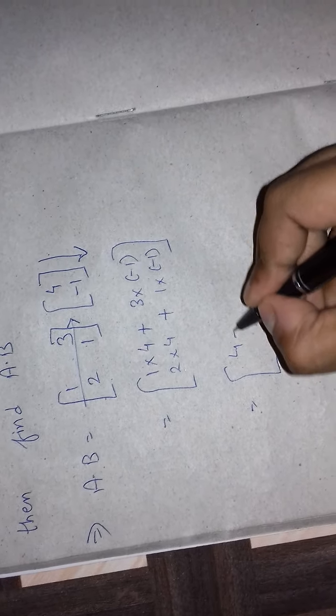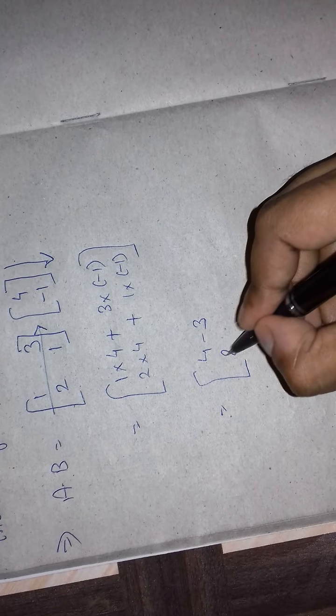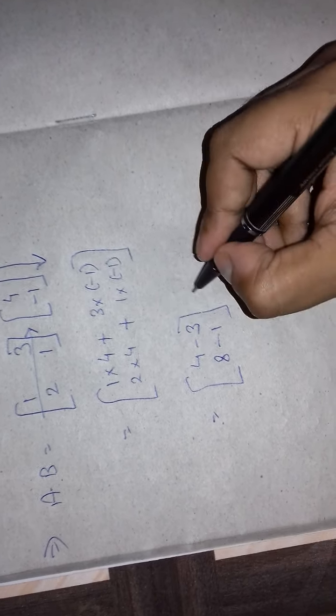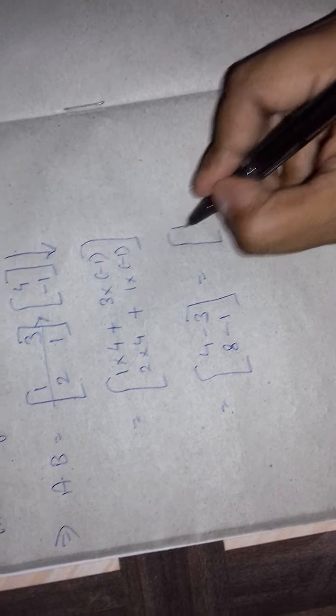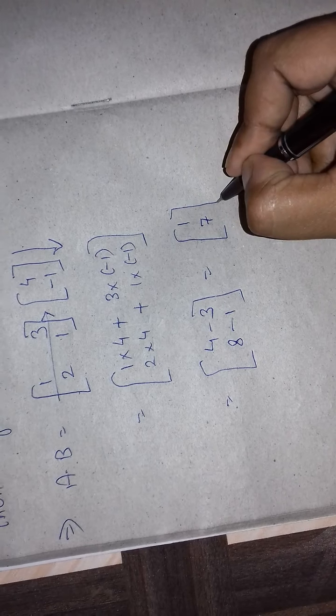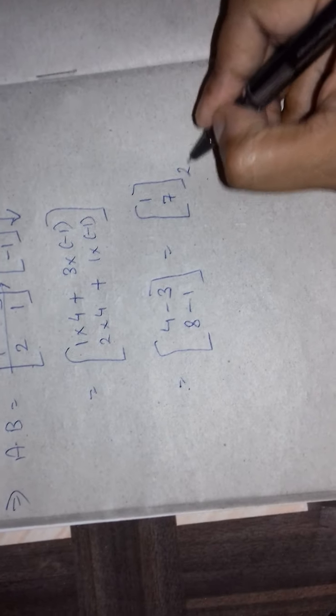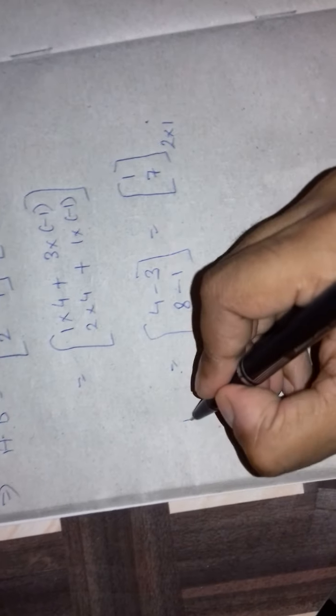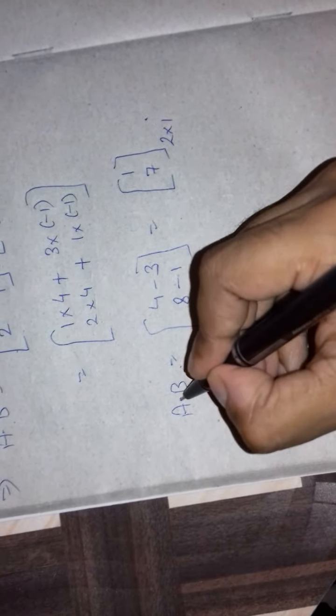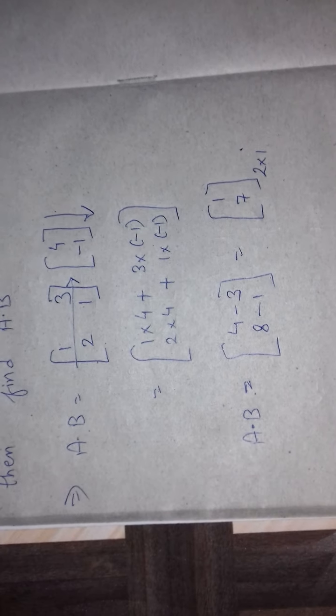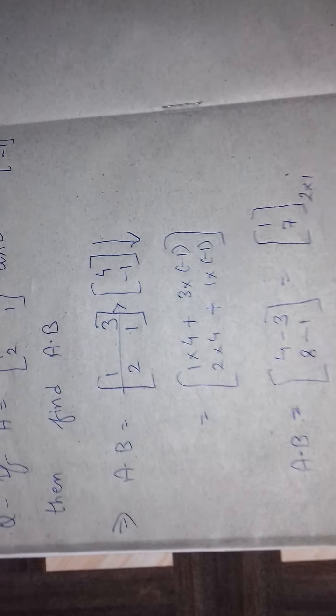So it will be 4 minus 3, 8 minus 1. Now it will be 1 and 7. So our order of the matrix will be 2 by 1. So now we have got our A into B matrix.